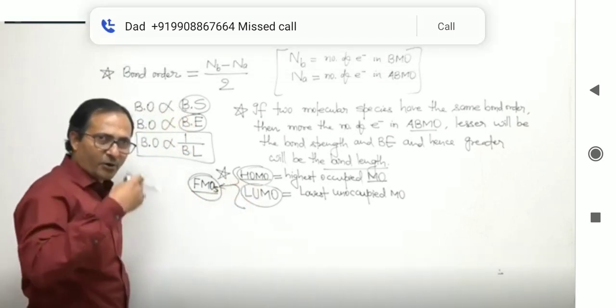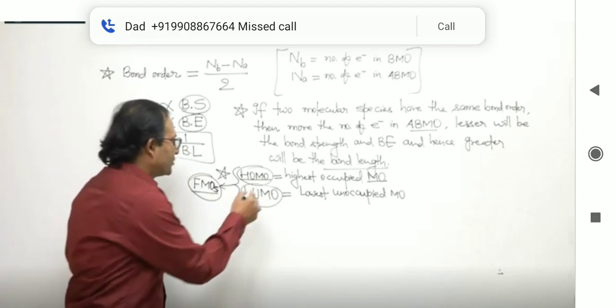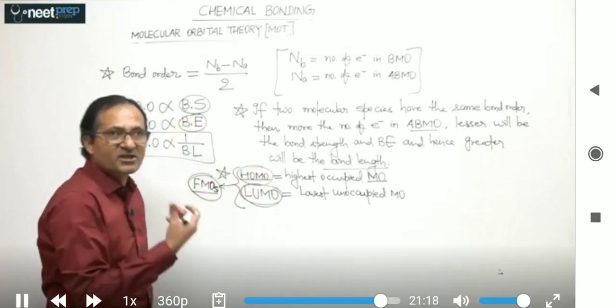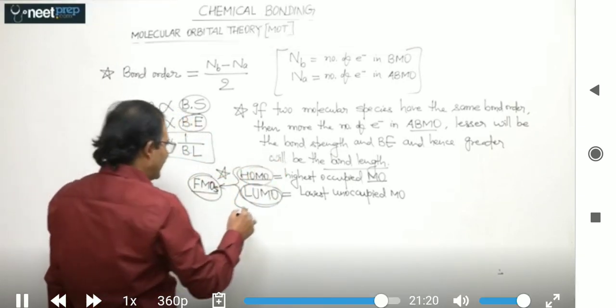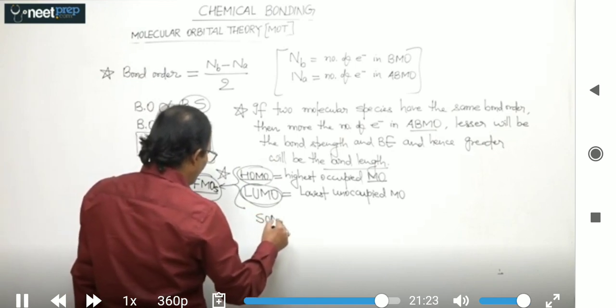HOMO donates electron and LUMO accepts electron, and one is called SOMO.